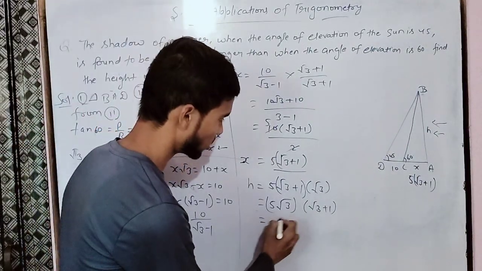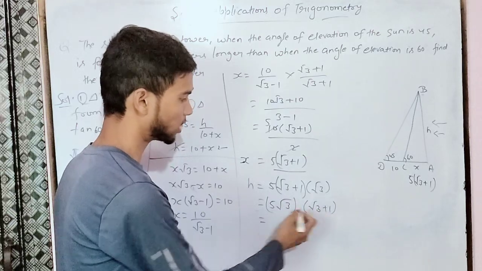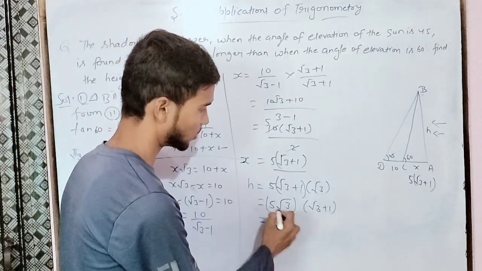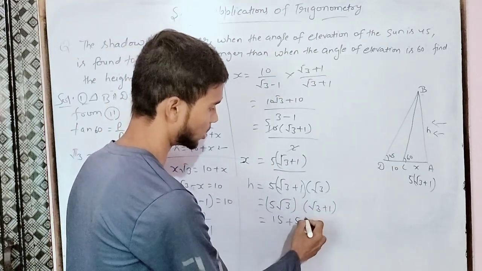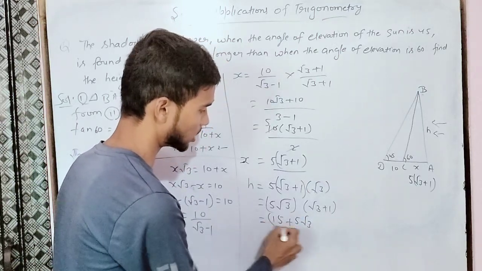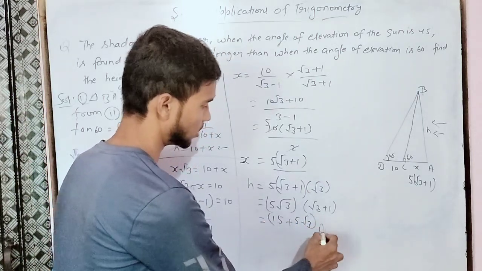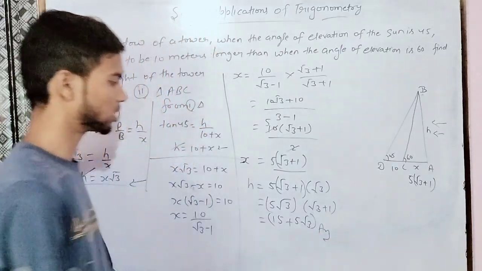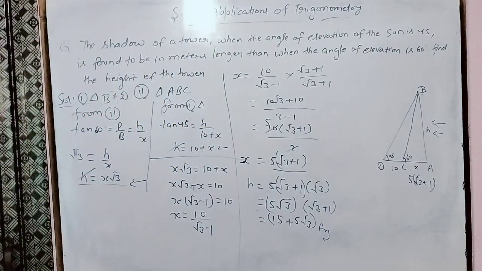So here 5 3s are 15 plus 5 1s are 5 and root 3 as it is. So finally we have this answer. Even you can take 5 as common.